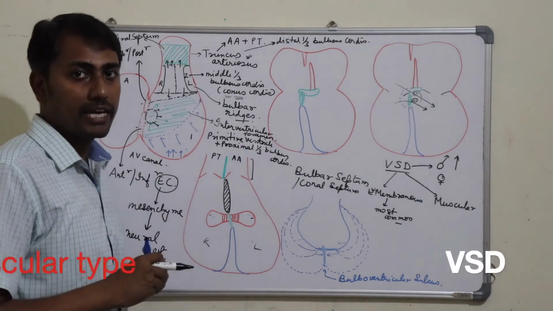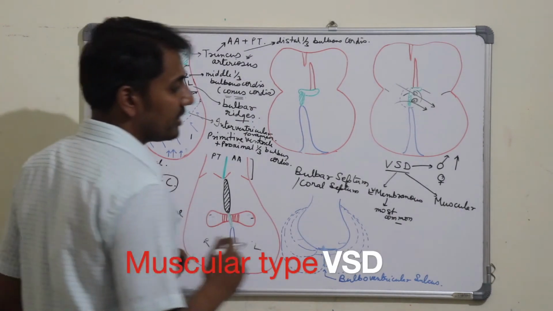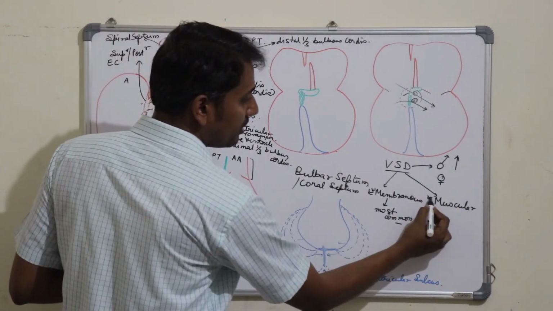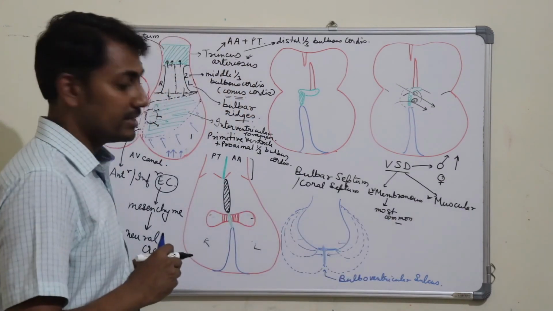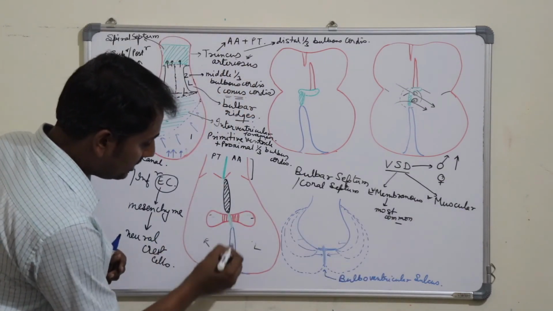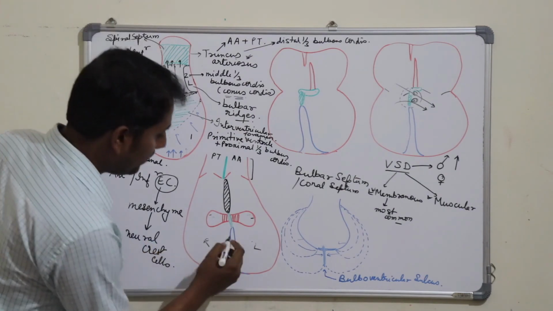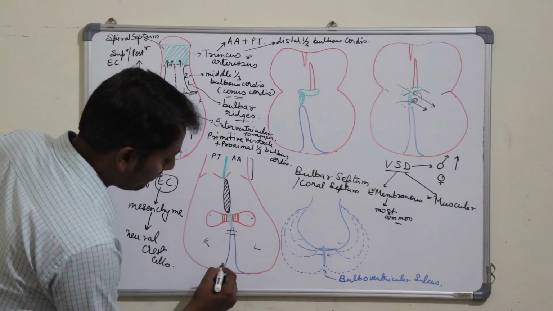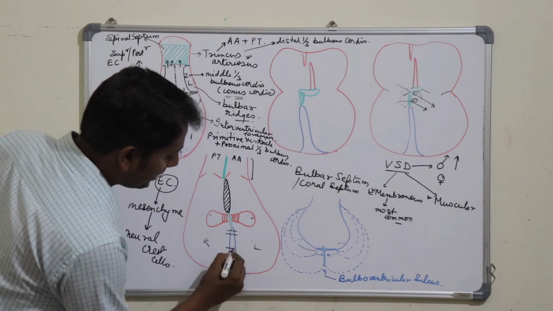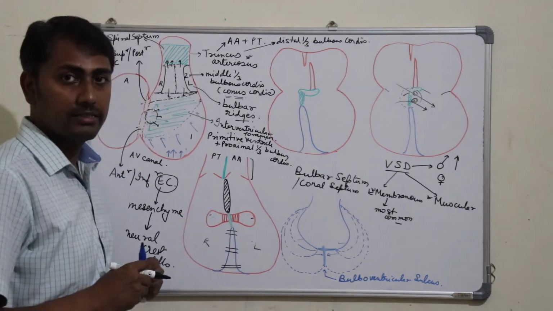Now the muscular type of the ventricular septal defect. This muscular type can occur anywhere in this region of the muscular interventricular septum. It can be in the superior part, it can also be in the inferior part, it can also be in the middle part.